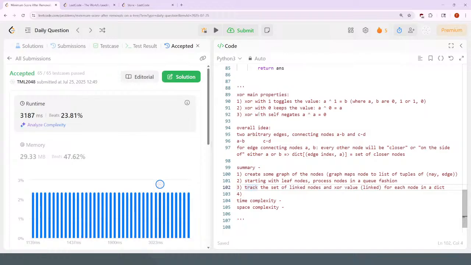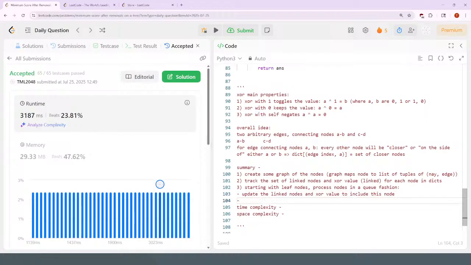I guess you probably want to declare that before, in dictionaries. Process each node in a queue fashion where you update the linked nodes to include linked nodes, and the XOR value to include this node.